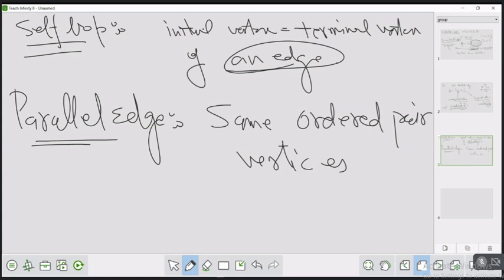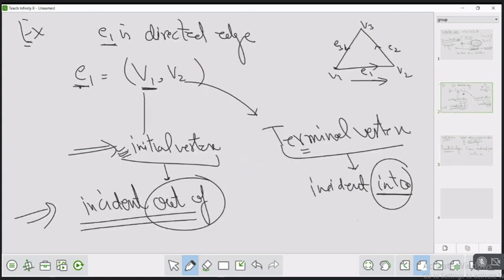Okay, so in this graph I can include here this one. This is E4. E4 is a self loop, and I include here this one, and here this one. So which one is the parallel edge in this case?